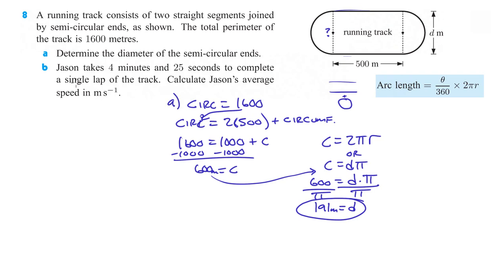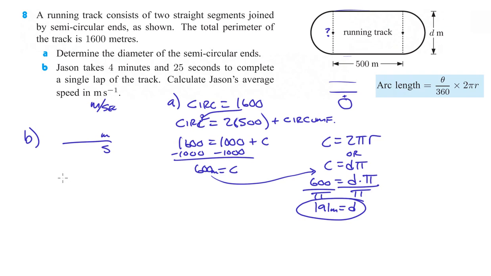And then for part B, Jason takes 4 minutes, 25 seconds to complete a single lap of the track. Calculate Jason's average speed in ms to the negative first, which means meters per second. So for part B, we've got to figure out how many meters and how many seconds.